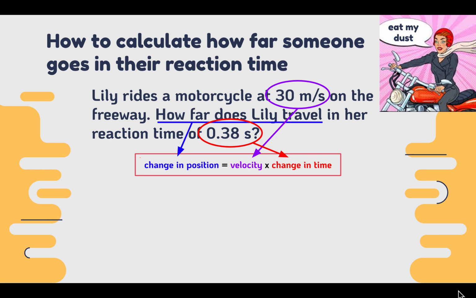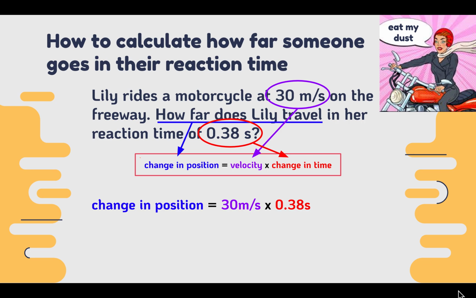So when we put this together, we have her change in position equals her velocity, which is 30 meters per second, times her change in time, which is her reaction time of 0.38 seconds. So change in position equals velocity times change in time.